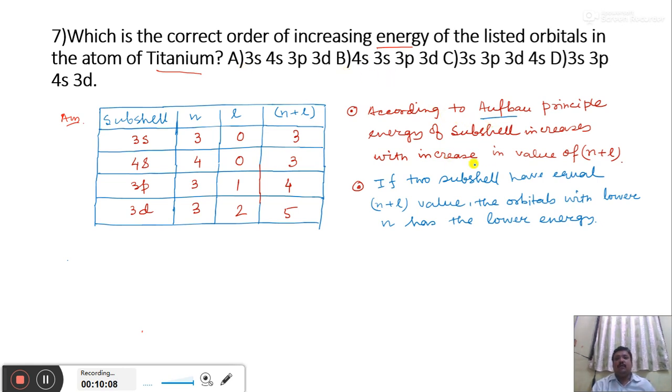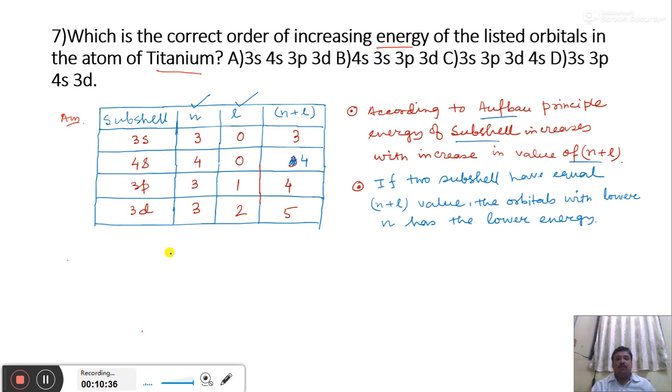According to this principle, the energy of a subshell increases with increase in the value of n plus l, where n is the principal quantum number and l is the azimuthal quantum number. Now, for the 3s subshell, n plus l is 3; 4s subshell, n plus l is 4; 3p subshell, n plus l is 4; and for the 3d subshell, n plus l is 5.